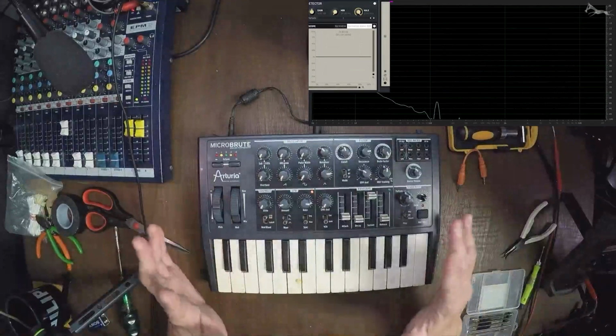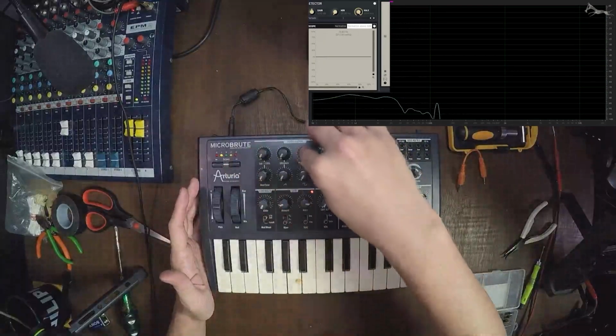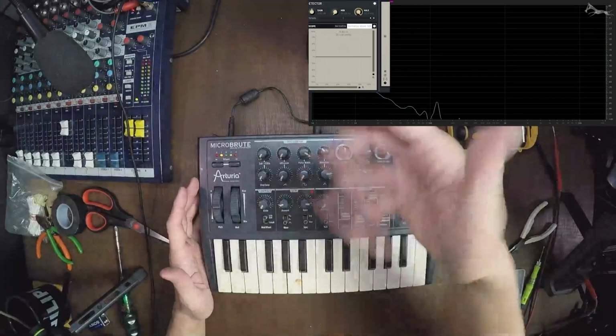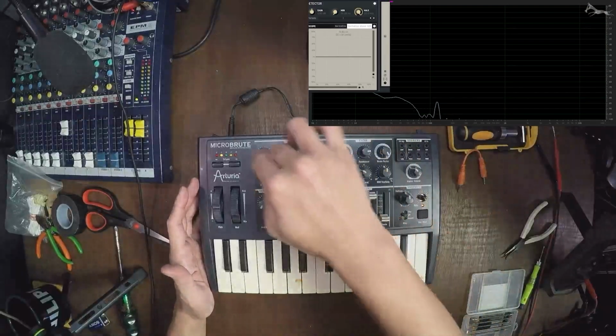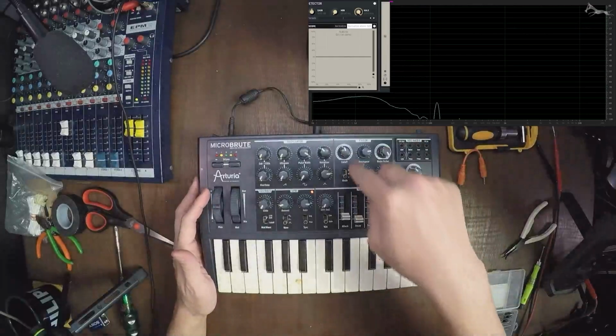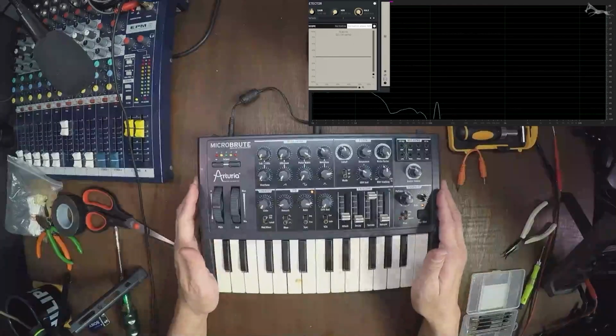All right. Before I go any further, our main concern was the oscillators, the noise that it was generating when we were at 3 o'clock, and the full position for these modulators, right? And then, of course, the filter. It's a multi-mode filter. The bandpass and the high-pass filter was not working.